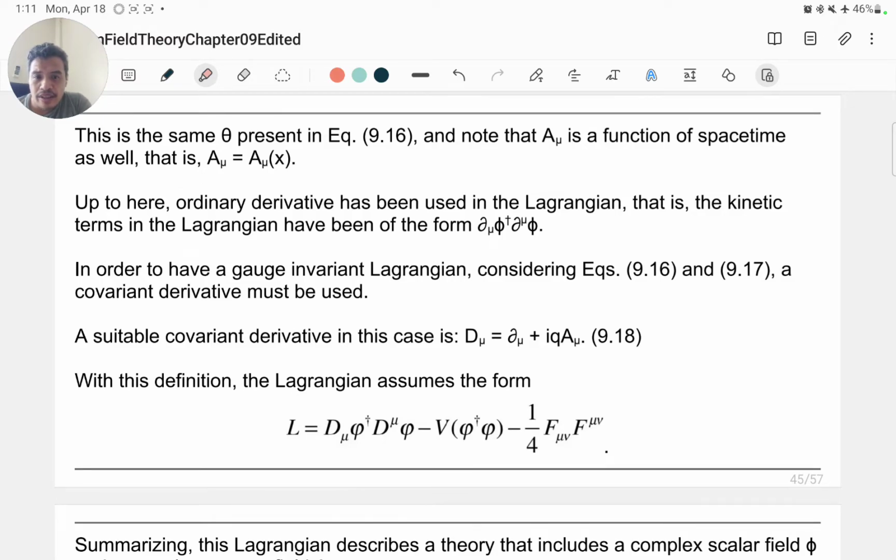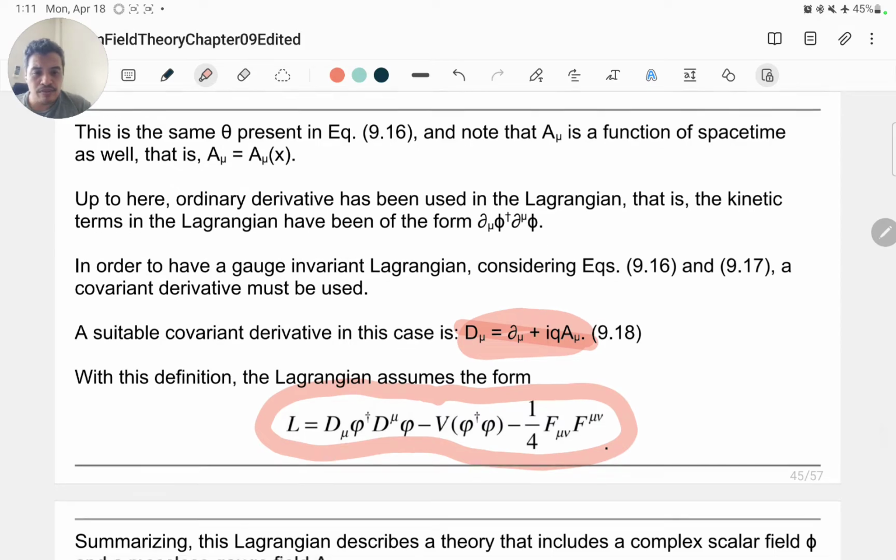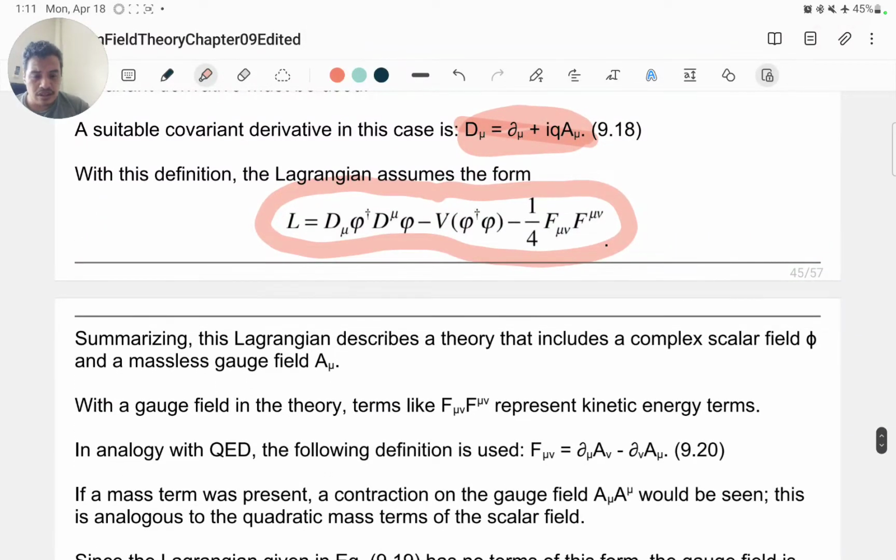And now with the covariant derivative that we should consider for a locally gauge invariant Lagrangian, our Lagrangian now will look like in this form, where our F mu nu is just the product of this one here, the derivative of the gauge field.